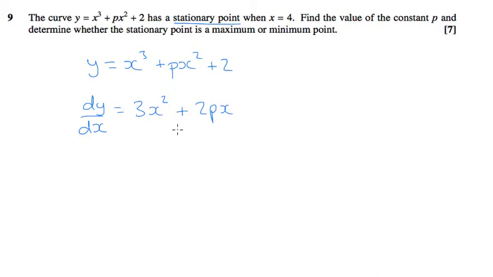So we know that at the stationary point, where the gradient is equal to 0, it tells us that the x-coordinate is 4.